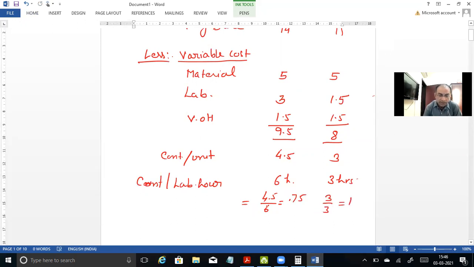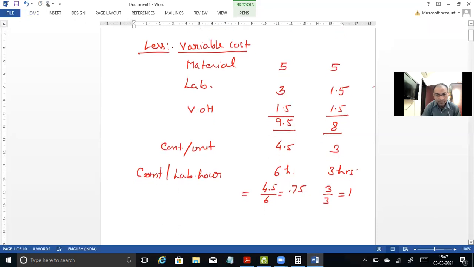It means if we give our 1 labor hour to produce product A, then we are getting only a contribution of 0.75. But if the same labor hour is applied to produce product B, we are getting 1 rupee benefit, 1 rupee contribution. It is clear from this calculation that product B is more profitable than product A.